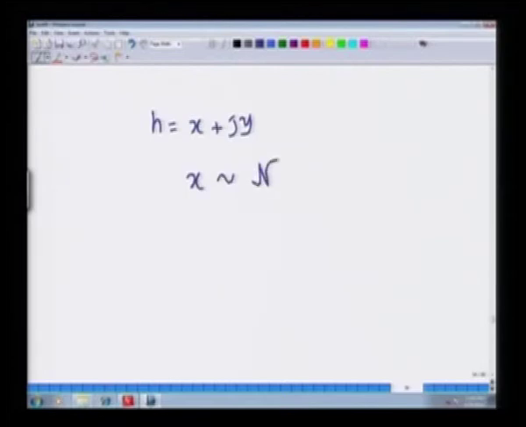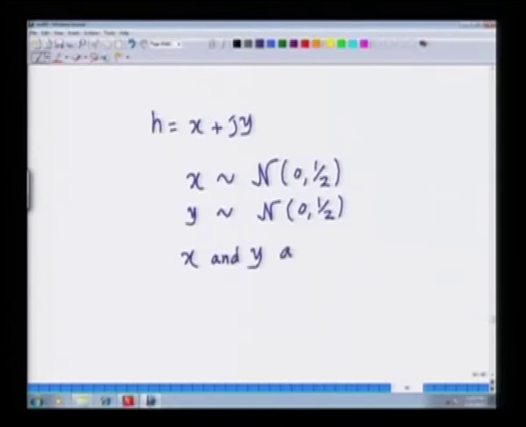I am using a standard Gaussian notation, which is x is N(0, 1/2), that is x is a Gaussian random variable of mean 0, variance half, y is another Gaussian random variable of mean 0 and variance half, and further I will assume that x and y are independent random variables.